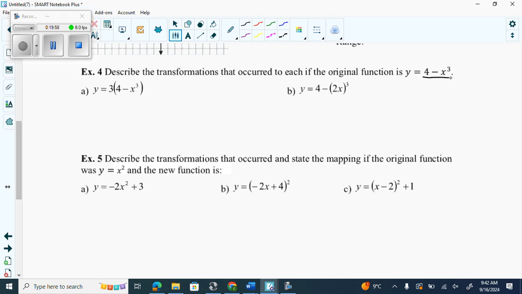Do we agree? It's still here. So we don't include any of that in transformations because that stayed the same. The only thing that changed is I got a 3 in front. When I have a 3 in front, what is that? It's a vertical stretch.